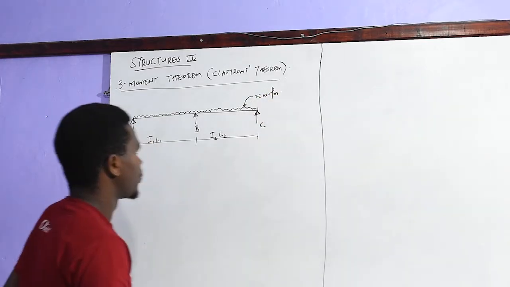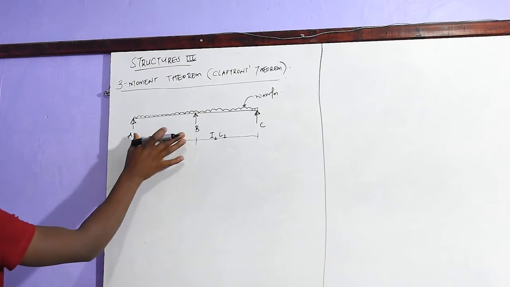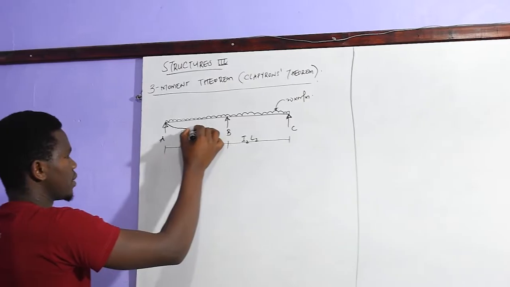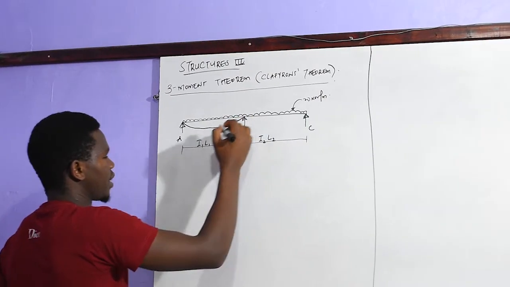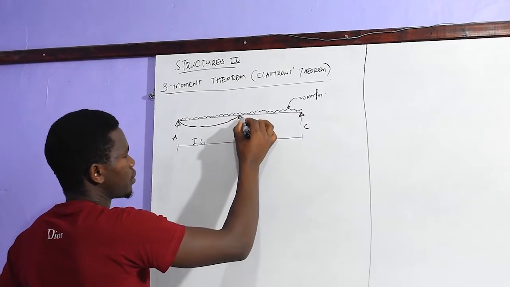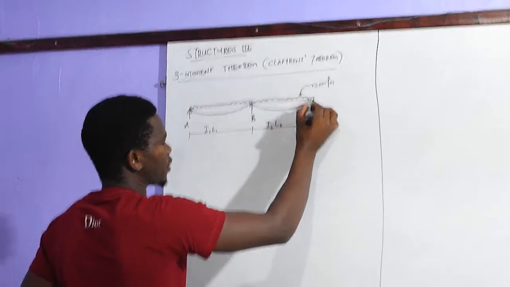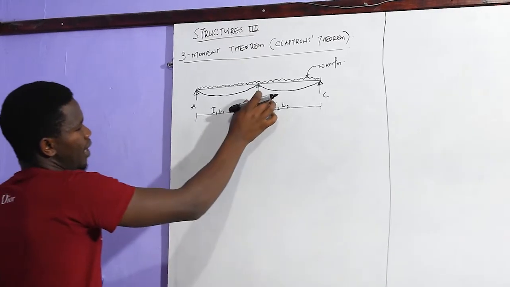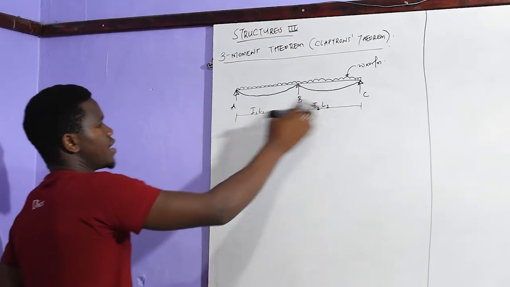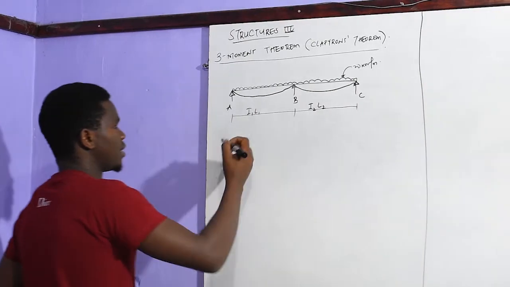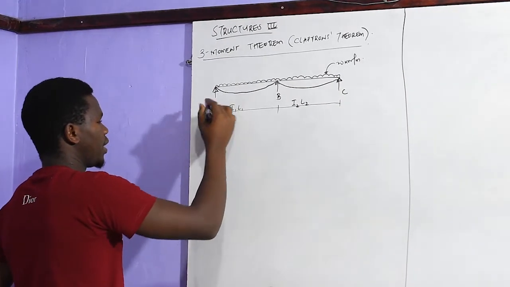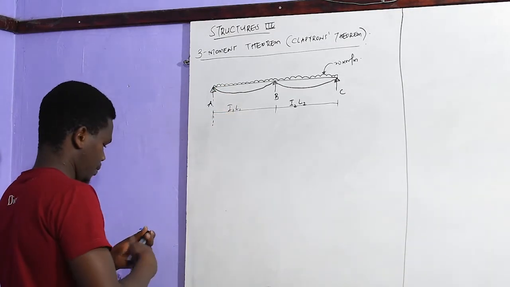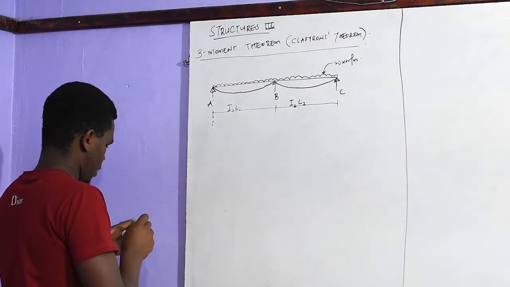When this beam is loaded, it sags, giving a deflected shape, like so. Let point B act as a pivot so that A and C are free ends. Therefore, support A will be displaced downwards.